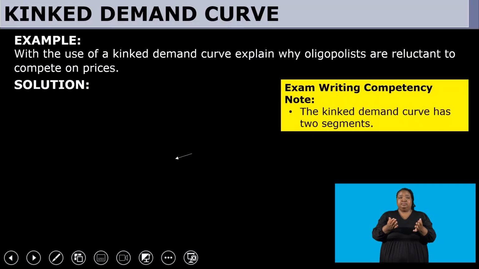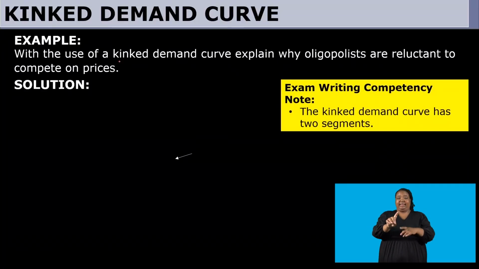Welcome back. We're proceeding with our discussion on oligopolies. In this section, we're going to look at the kinked demand curve. So our next question will be based on the kinked demand curve. Next, with the use of a kinked demand curve, explain why oligopolies are reluctant to compete on prices.